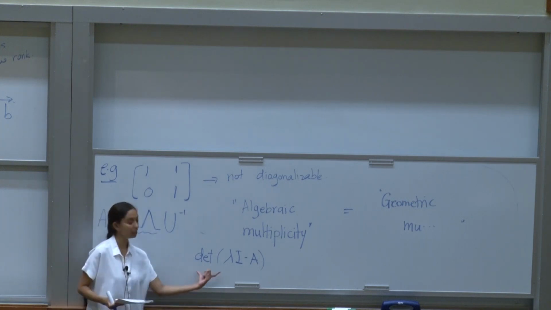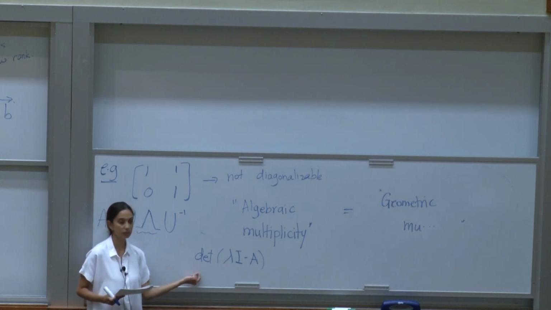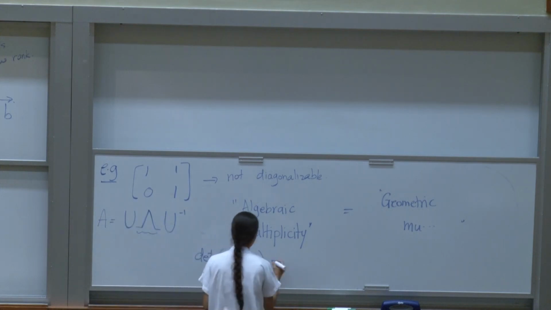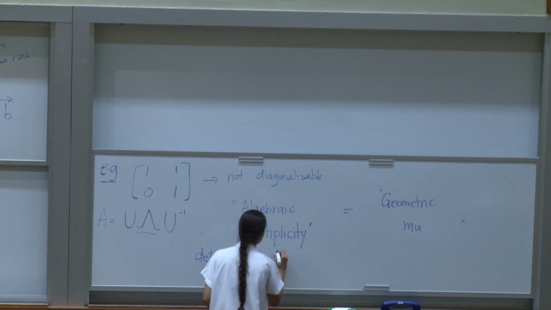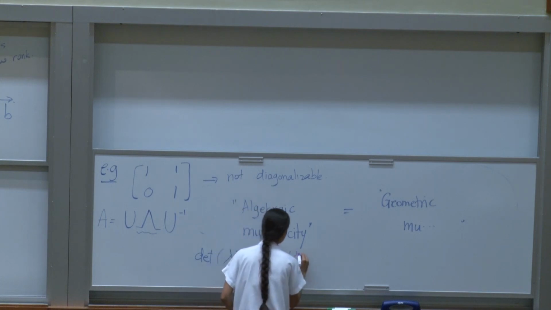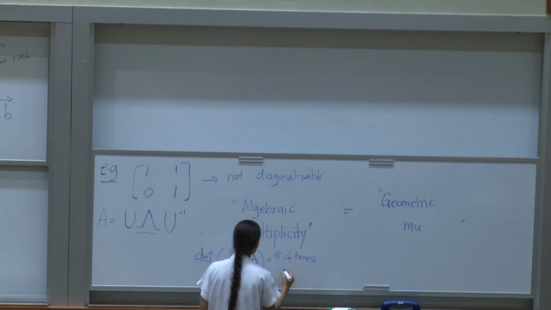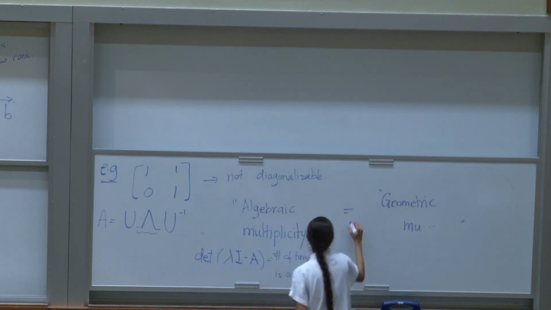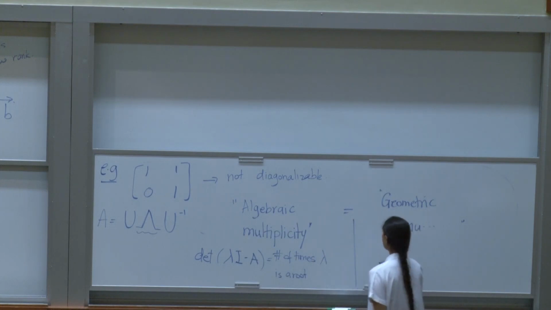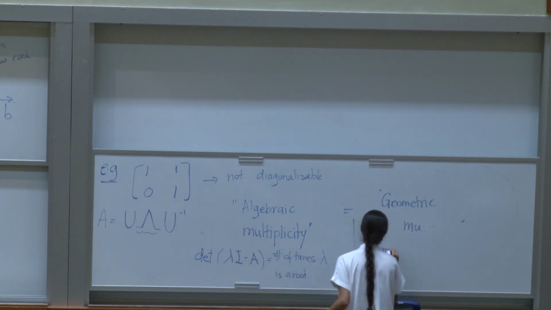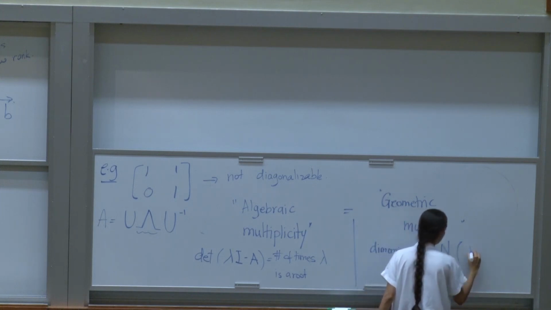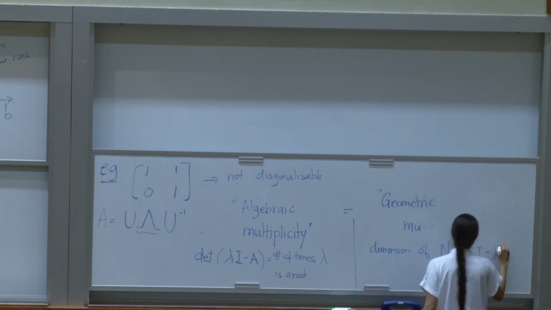So the multiplicity of eigenvalue lambda is the number of times lambda appears as a root of this polynomial, okay? Versus the geometric multiplicity is the dimension of the null space of lambda I minus A.